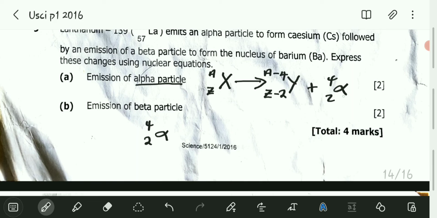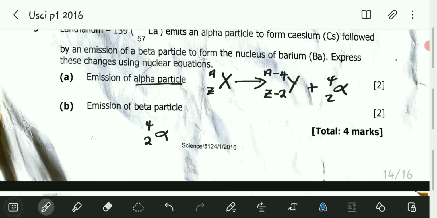This is the general equation for alpha decay.